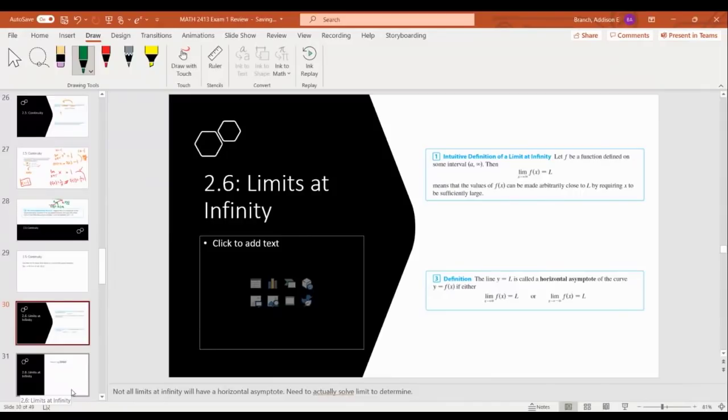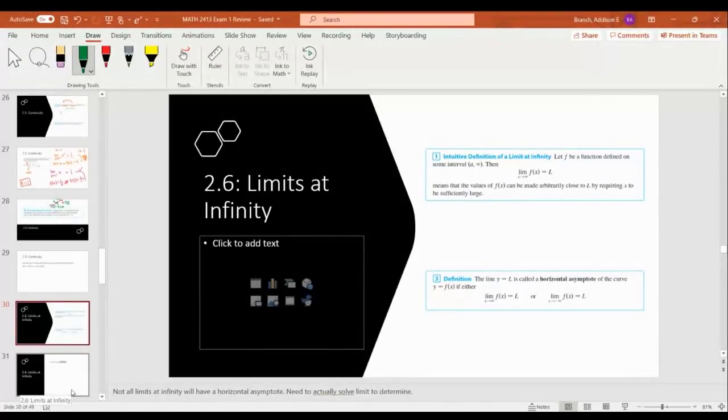So essentially what this one says, you may run into situations where if you take your limit as x approaches infinity of a function, you may actually get a finite number L. Essentially that means no matter how big you make your x value, it's going to approach that L. And whenever that actually happens, whether you're going to positive or negative infinity, that's called a horizontal asymptote.